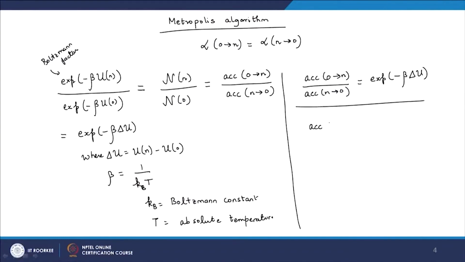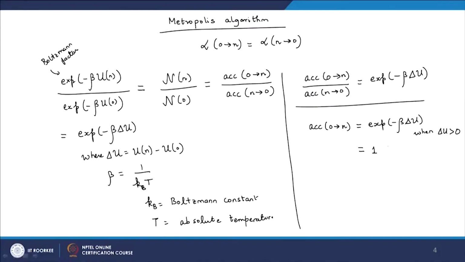So, in the Metropolis case, we assume that when delta u is higher than 0, that means we are going to a higher energy state, I will use exponential of minus beta delta u, and I will use 1 when delta u is less than 0.